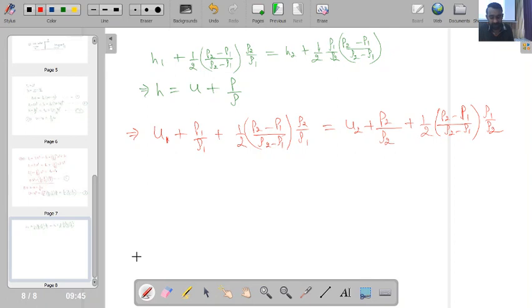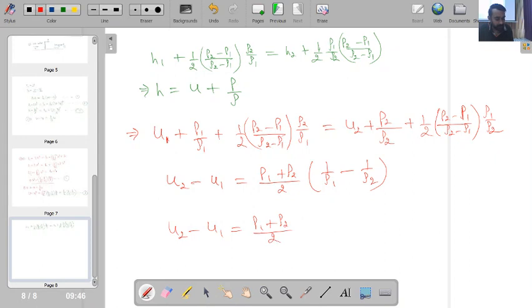If we further simplify it, it gives u2 minus u1 equal to (p1 plus p2) by 2 into (1 by rho 1 minus 1 by rho 2), and even further simplification gives the specific volume at point 1 minus the specific volume at point 2, which is identical to our Hugoniot relation.